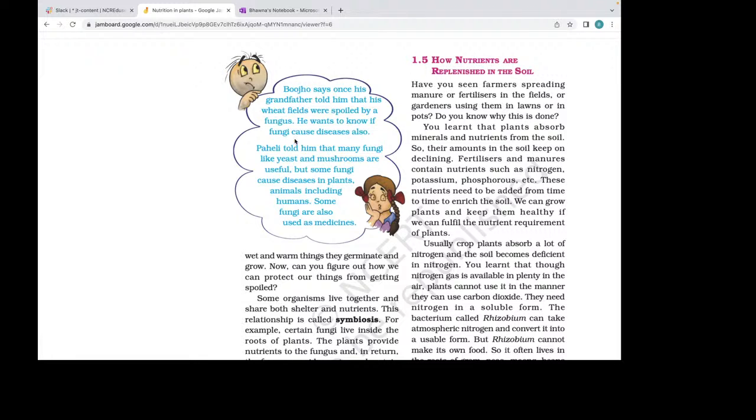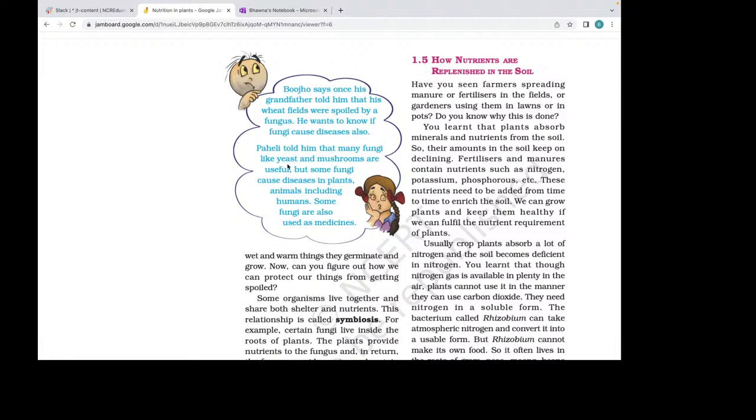It can also spoil your crops. फंगाई ना सिर्फ आपके खाने को आपके कपड़ों को ख़राब करती है, it even destroys your fields, your crops. Okay. And yes, it can also cause disease.